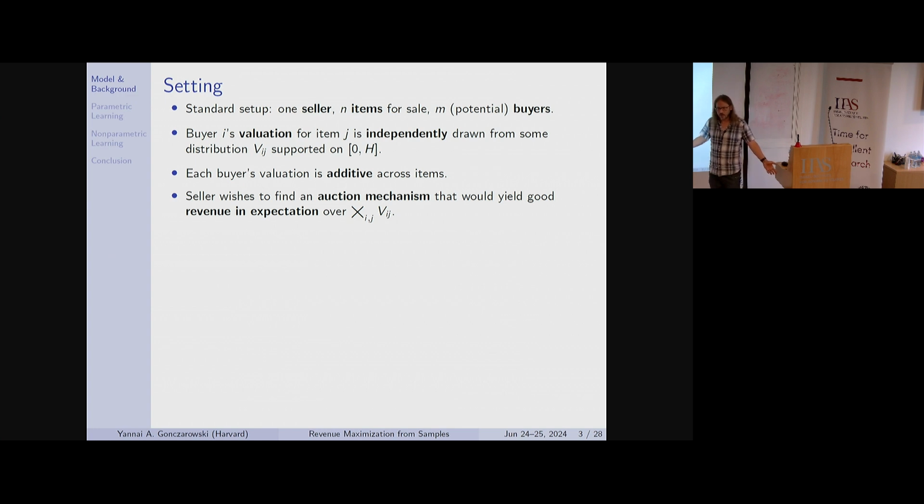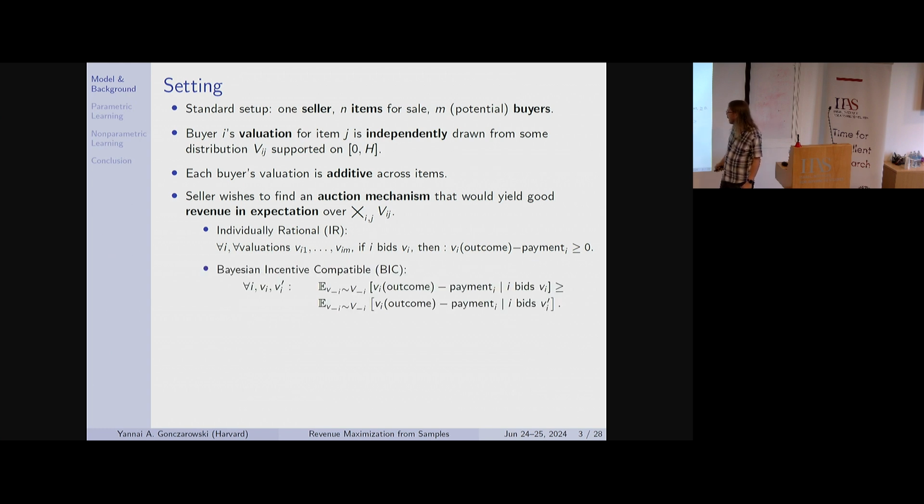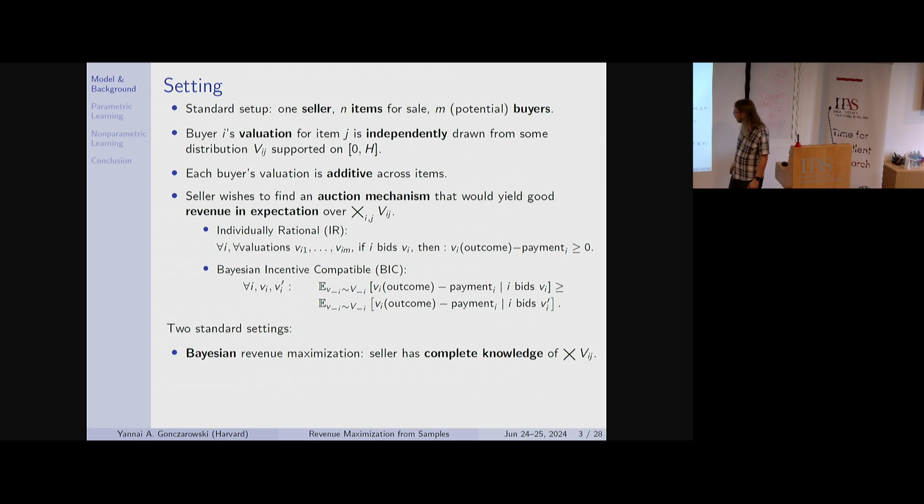So this is the revenue maximization problem that Sergio spoke about yesterday. And this mechanism must be individually rational and Bayesian incentive compatible. So my expected utility, if I bid truthfully, is weakly higher than my expected utility if I did something else.